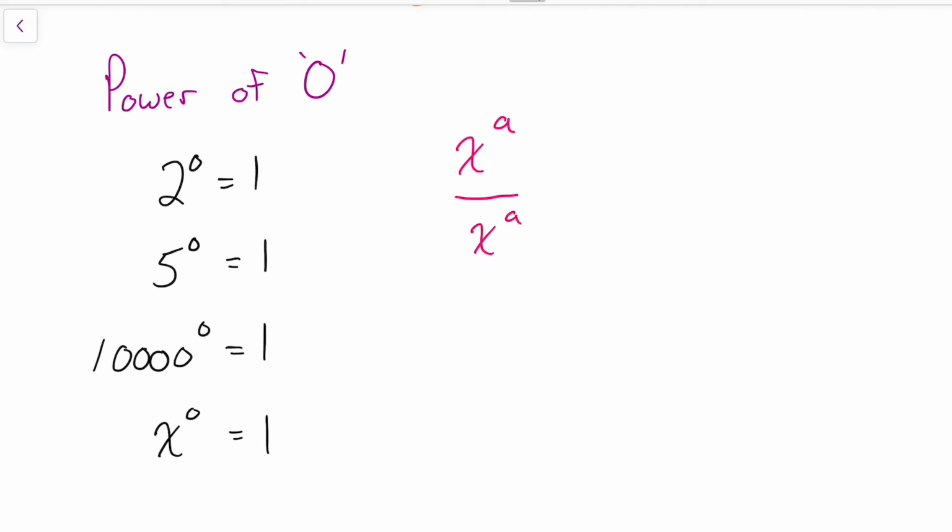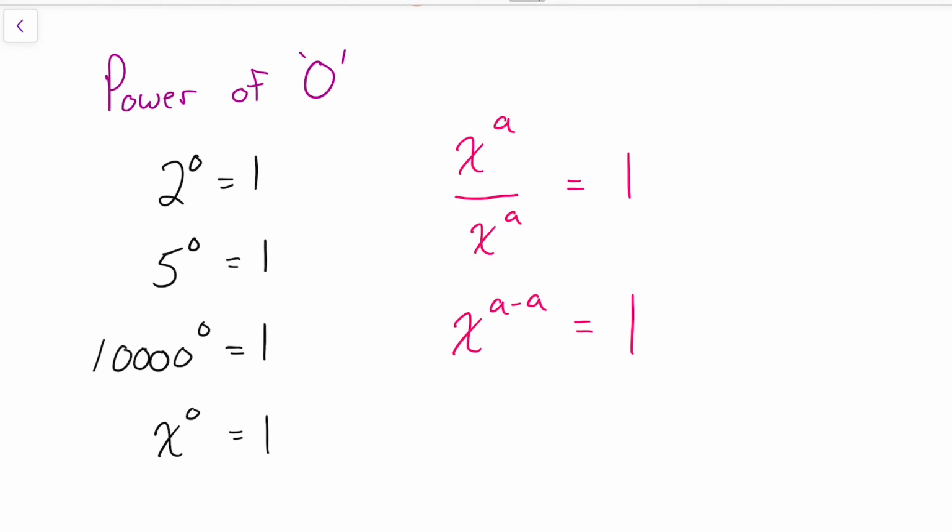Now, we know everything divided by itself equals 1. Whether it's 3 divided by 3, 10 divided by 10, we know this expression equals 1. But we also know that x to the power a divided by x to the power a, using our quotient rule, is x to the a minus a.